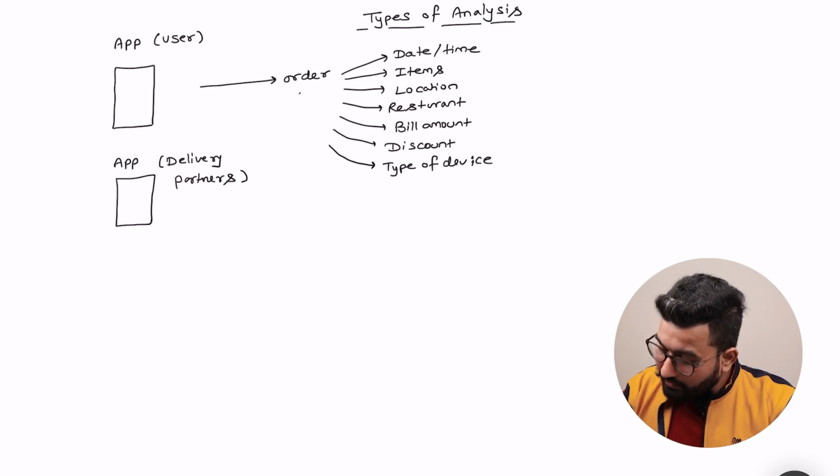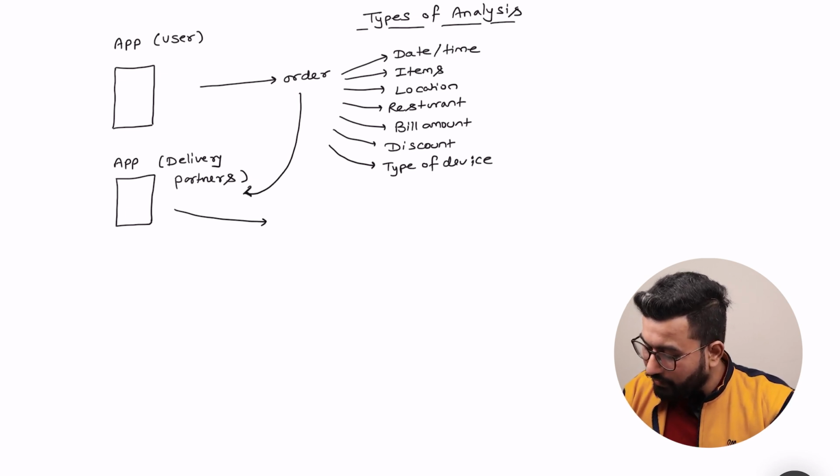Now, when this order is assigned to the delivery partner, then once the order is delivered, what kind of data is generated by the application?